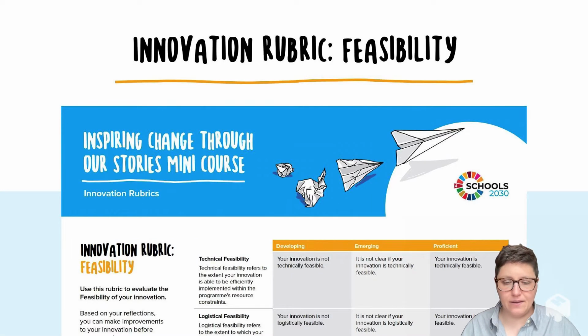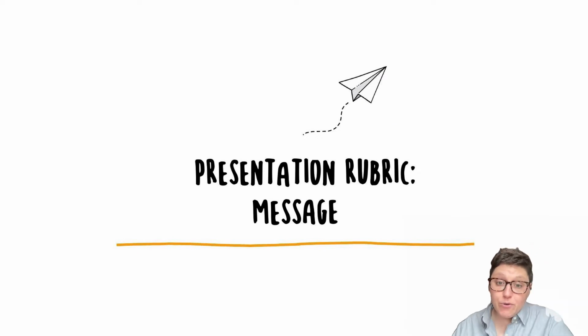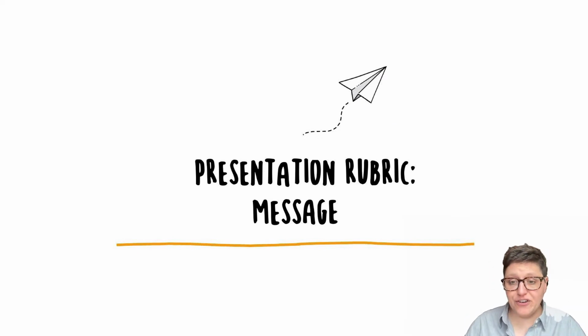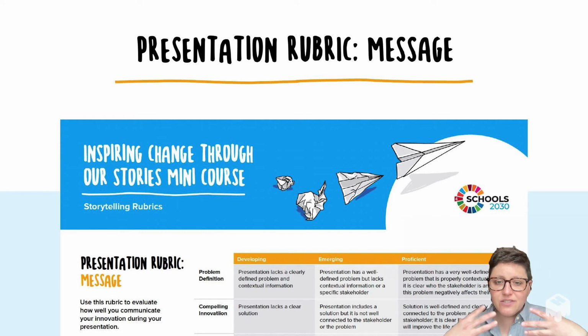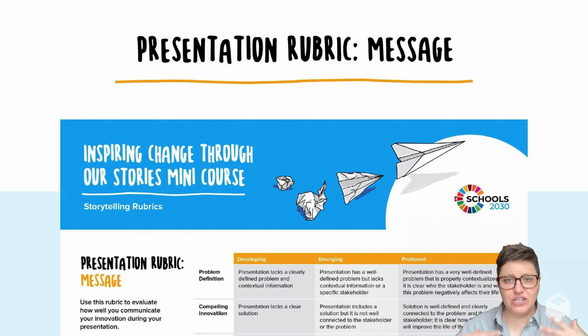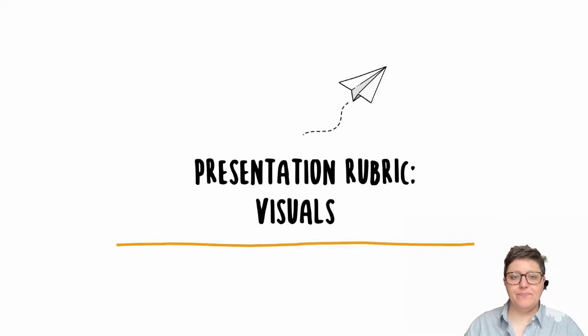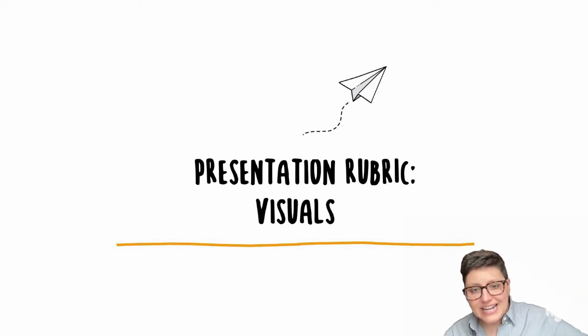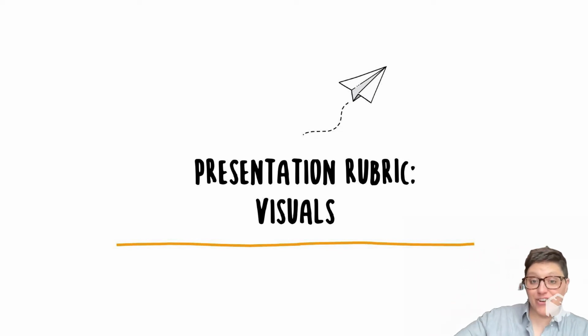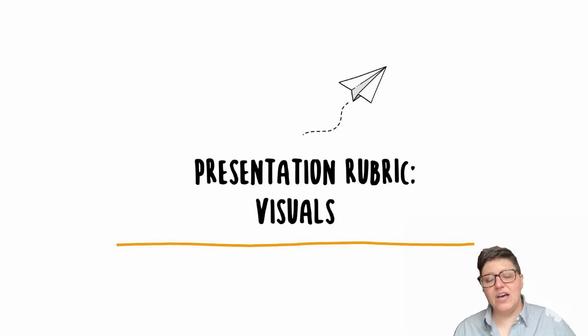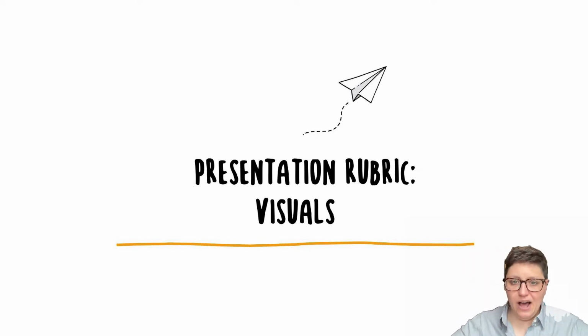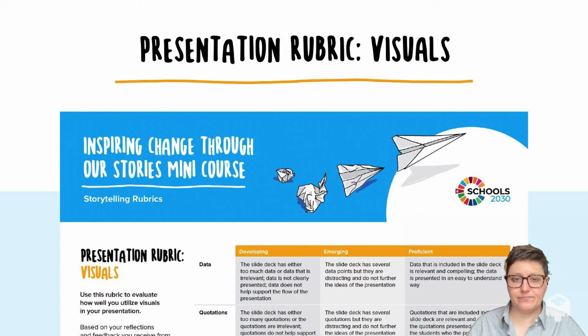So there's that. Then there are 3 rubrics about the presentation. And so the first is the message. So is what you were conveying clear? Did your message get across? Was it clear to everyone what you were trying to communicate and convey? Then visuals. So are the visuals and the slides that you use, which you haven't yet created, but are those visuals accurate and help enhance your presentation?